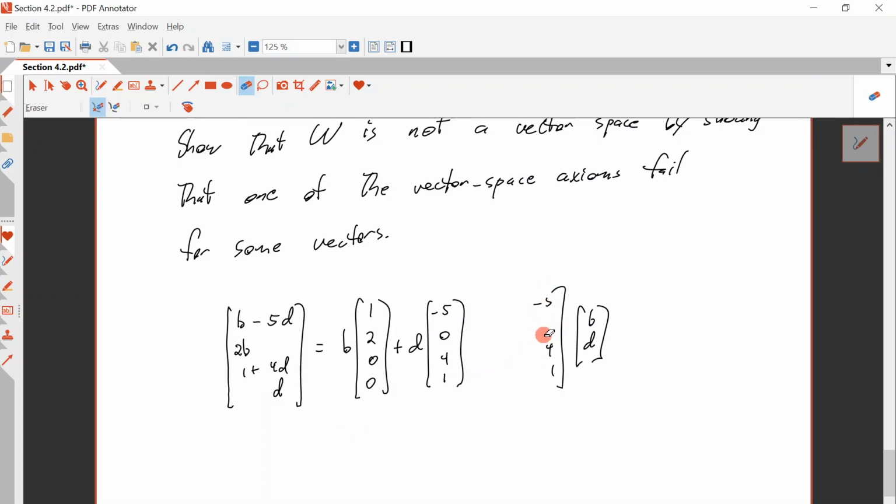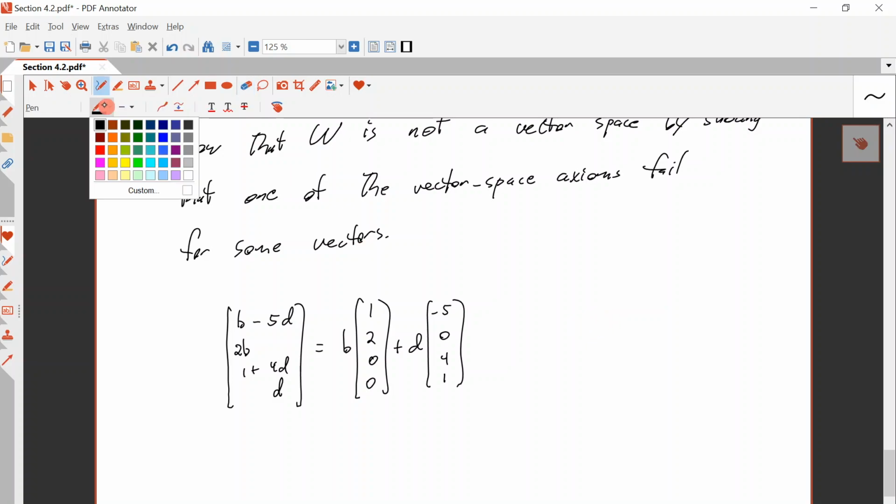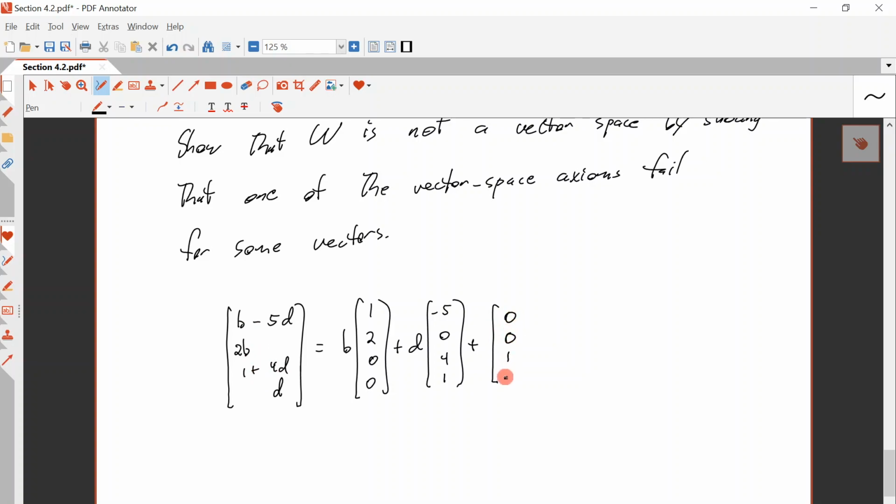So this is equal to b times this plus d times that plus this particular vector 0, 0, 1, 0. So let me change that to just minus d, make that a little easier.